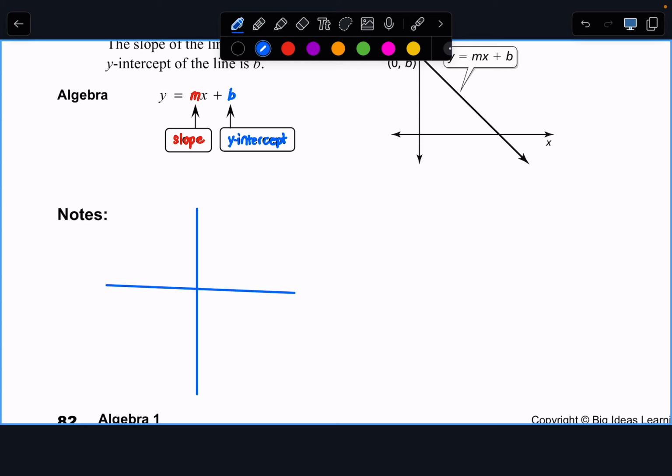So we're going to work together on graphing a couple lines, and then we're going to have a little challenge. Okay. So if I wanted to graph y equals 2x minus 1.